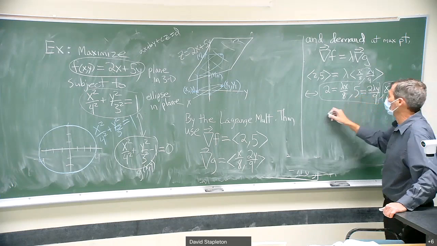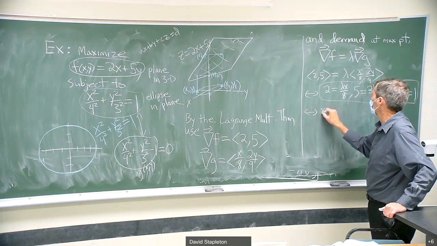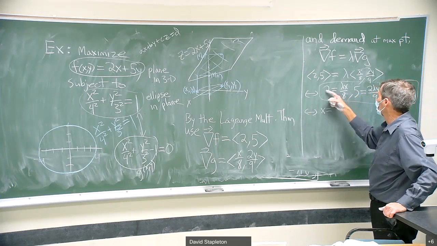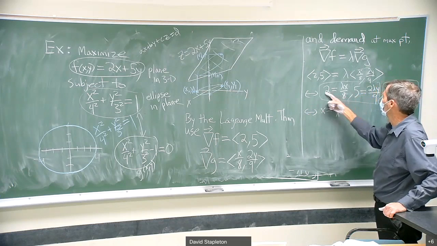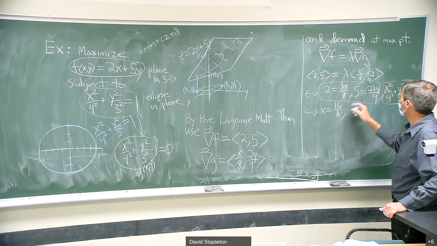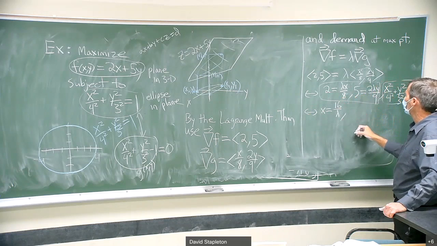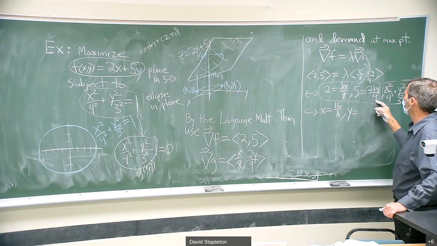On this one, I can solve for x and say x equals 16 over lambda. Multiply by 8, divide by lambda. This one I can solve for y and get y is 45 over 2 lambda.